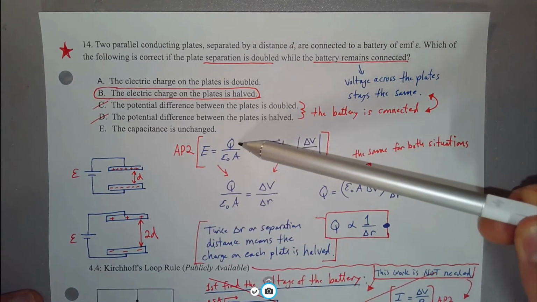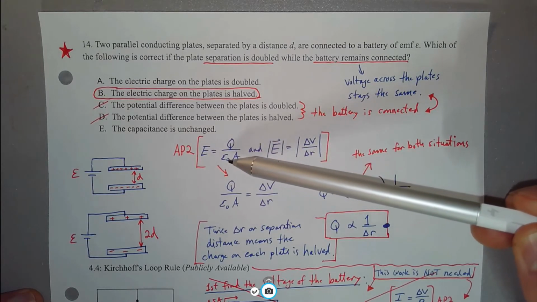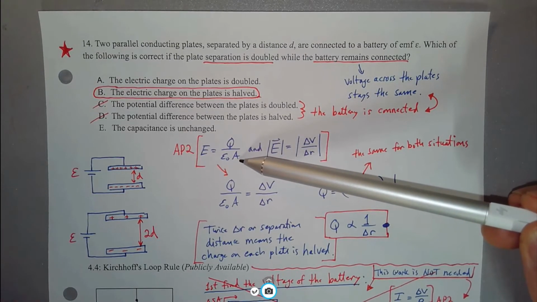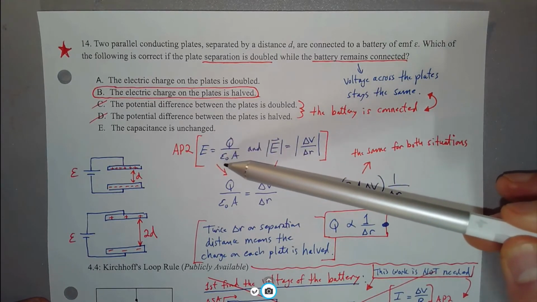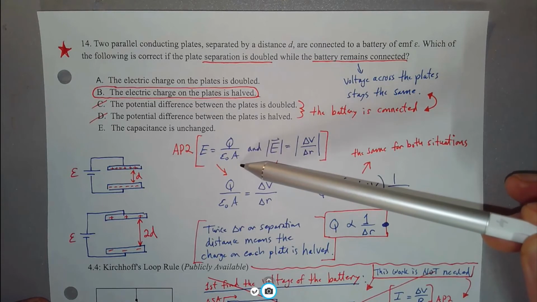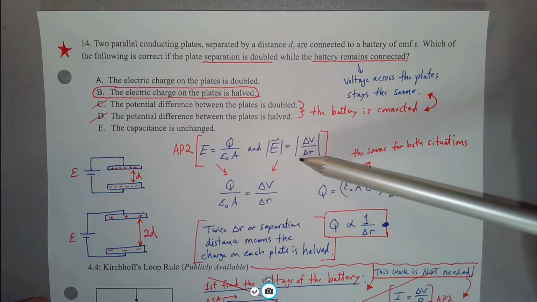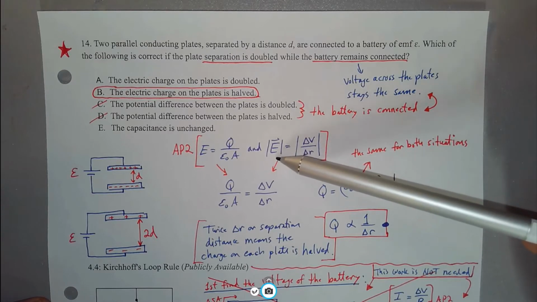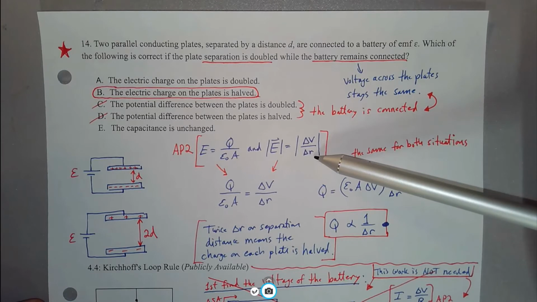If we know Q, the charge stored on one of the plates, divided by epsilon naught times the surface area of those plates. So this would tell us how big the electric field is if we knew charge and area. And we could also use this equation for capacitors where the electric field is related to the change in voltage across the plates divided by the separation distance.